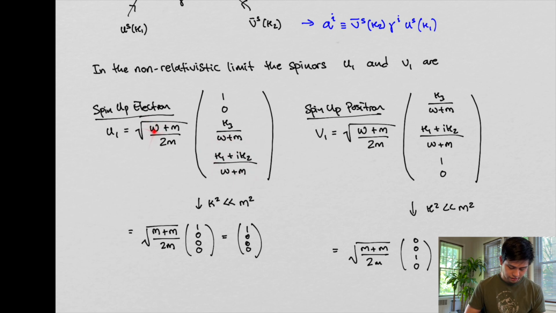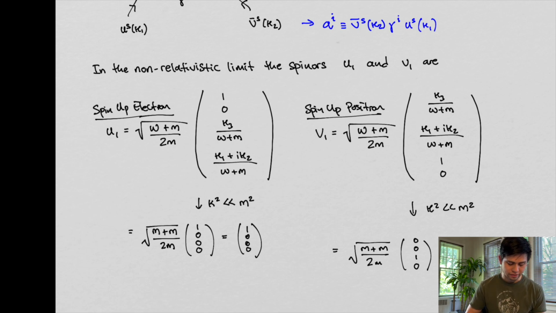This guy here, again, is going to be very close to our mass, because omega is the time component of our four-momentum. So that's going to be very close to our mass. If all the spatial components are really small, we're saying that the momentum is very small, then the temporal component is going to be really big. Right?